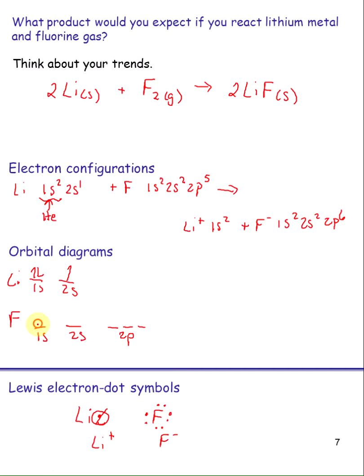We said fluorine had 2 electrons in the 1s, 2 electrons in the 2s, and then 5 electrons in the 2p. So 1, 2, 3, 4, 5. So these are all 3 different ways of representing the same information. And of course, if I go ahead and finish out my diagram, so the lithium plus and the fluorine minus.